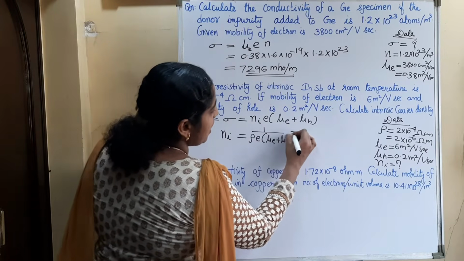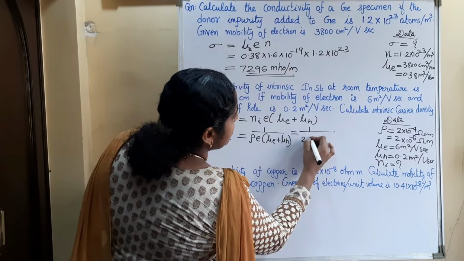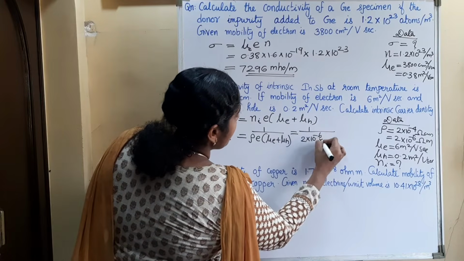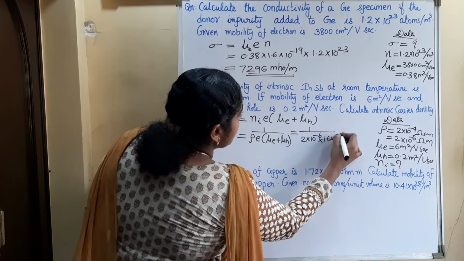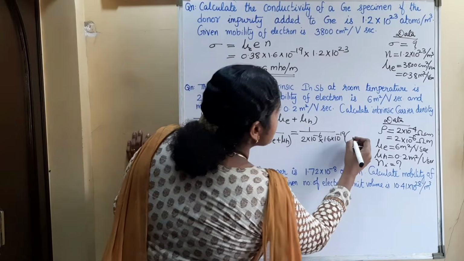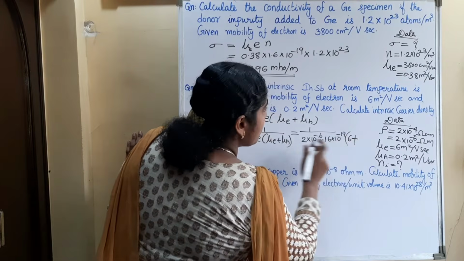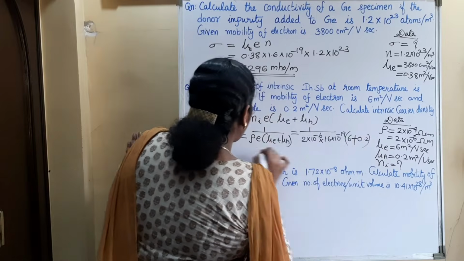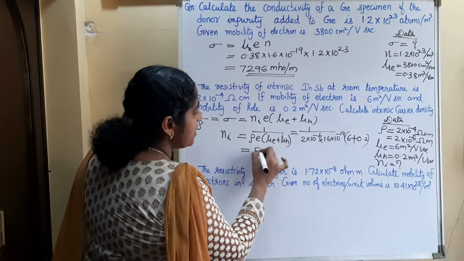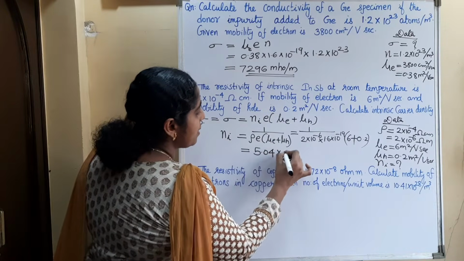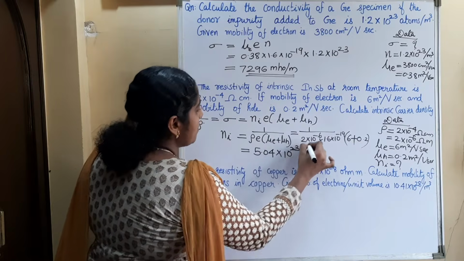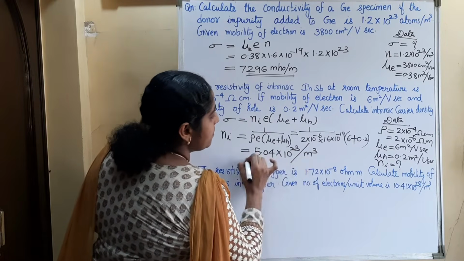So substituting the values, 1 divided by 2 into 10 raised to minus 6 into 1.6 into 10 raised to minus 19 and (mu E is 6 meter square per volt second plus mu H is 0.2). So on calculating we will get 5.04 into 10 raised to 23. Concentration is per meter cube.